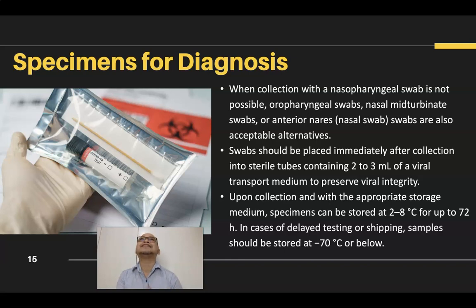So some of the samples were being shipped to Australia. Can you just imagine the expenses that will be incurred, because you have to store it at -70, and it will take several days before that shipment reaches Australia, and several days before you can get the result back.